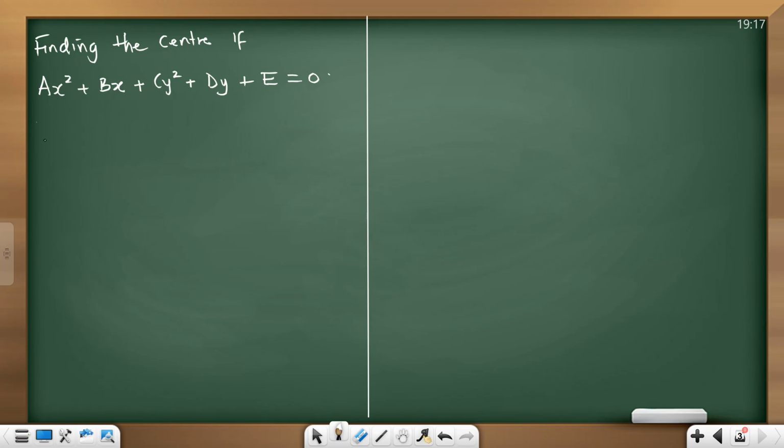Example: x squared plus 6x plus y squared minus 4y minus 12 equals 0. Please first make sure it's equal to 0. Is that okay? There are 2 methods.